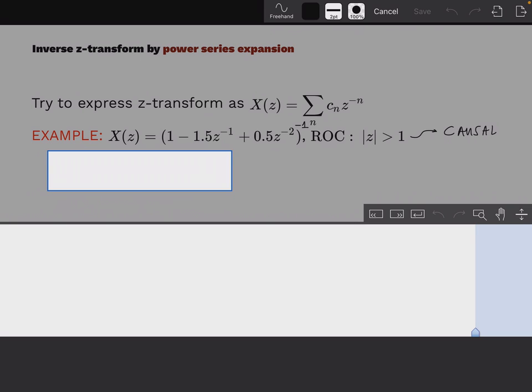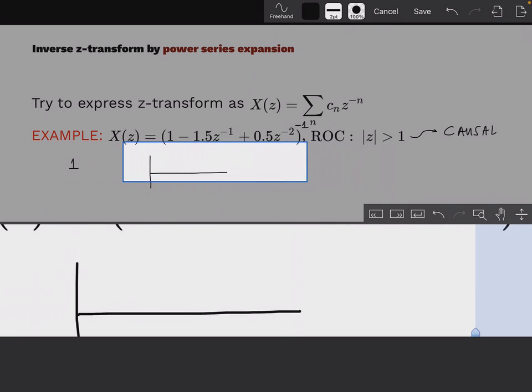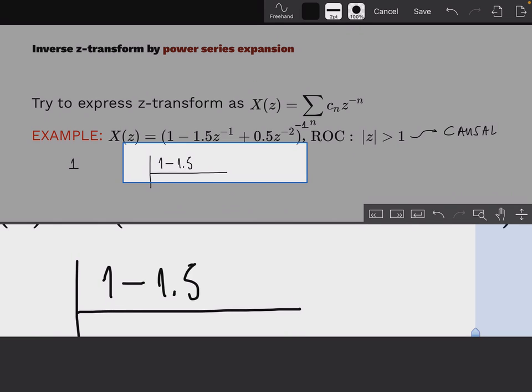So we start with writing down the numerator. It's not a polynomial anymore. It's one numerator polynomial here, and we would want to divide it by the denominator polynomial, which is 1 minus 1.5 z to the power minus 1 plus 0.5 z to the power minus 2.